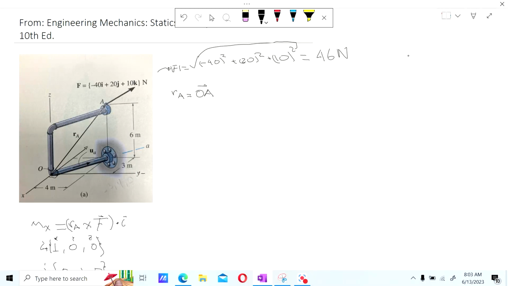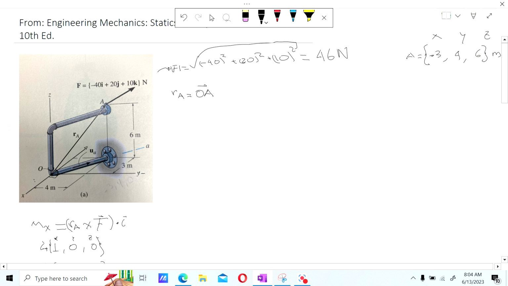So A is located at 3, but negative. How many units in y? 4, positive. How many units in z? 6 meters.